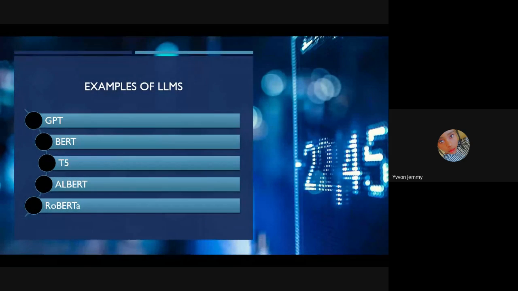For example, ChatGPT can be used to answer questions and then it can be transformed to summarize a document or to generate other texts. That is what transformers means. Basically, it can transform its usage from one form to another, like from question answering to sentiment analysis.